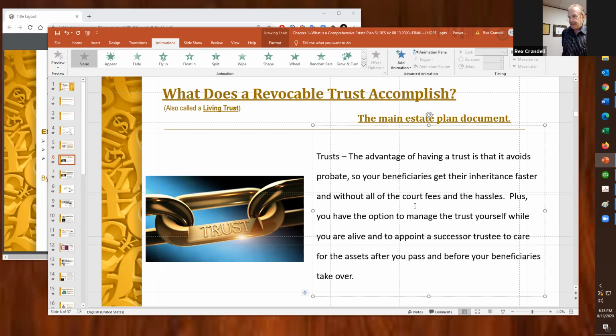And in processing a trust administration, you don't have to have court supervision or the court hassles, and you have an easier ability to manage the assets during the trust administration process.